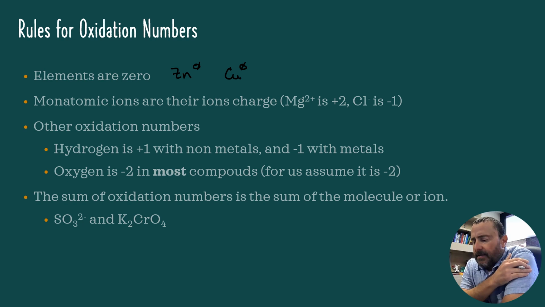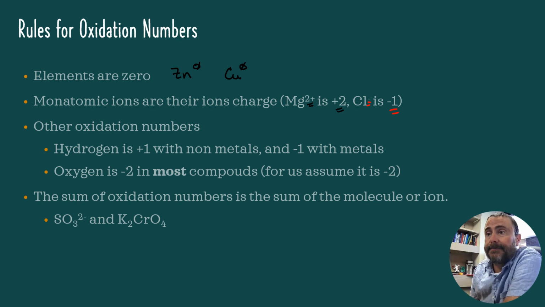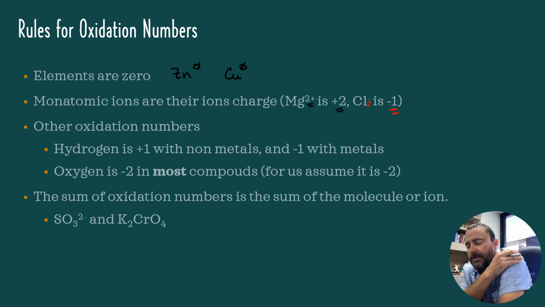Monatomic ions are the same as their charge. So magnesium cation is +2, or the chloride anion is -1. Those are really easy to spot if they're just written out there. Other oxidation numbers: hydrogen's kind of tough.